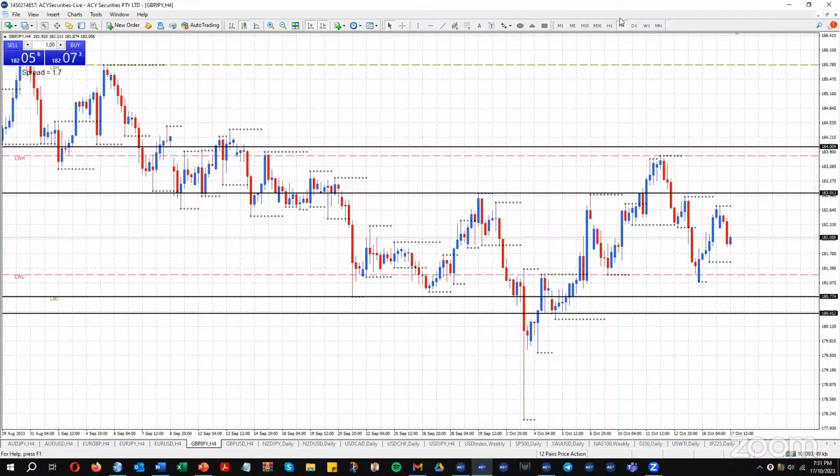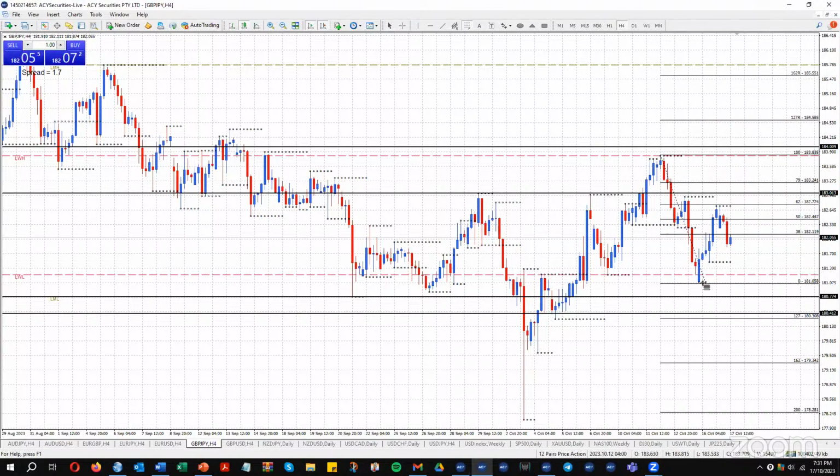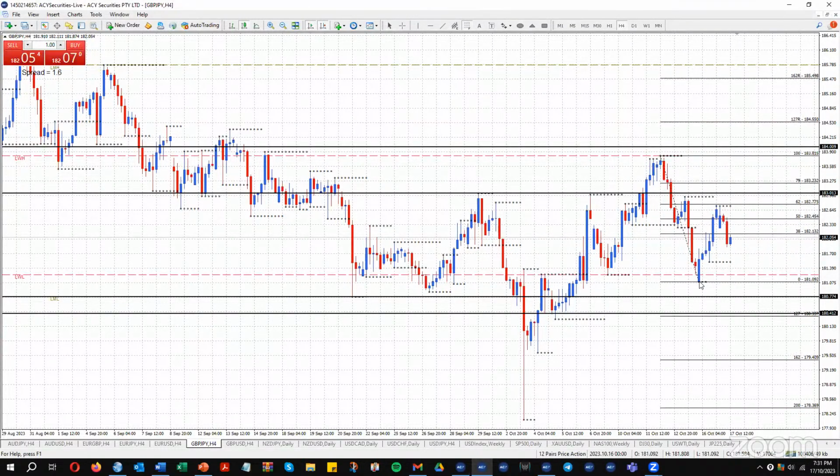Which would marry up to what I was saying on the Euro yen. Not a perfect overlap with the fibs, but 183 is your resistance level from the day chart, and 183.23 is the 79% level.